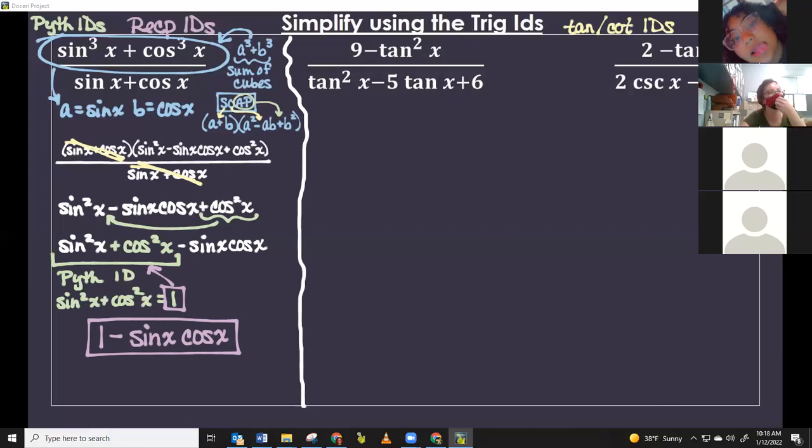Look in the middle. I see subtraction, I see squareds, I see a lot of numbers going on. What this numerator makes me think of is something like 9 minus w squared or 9 minus x squared.